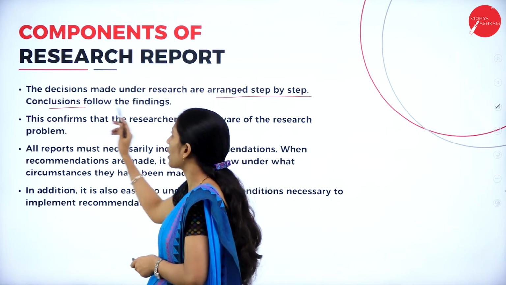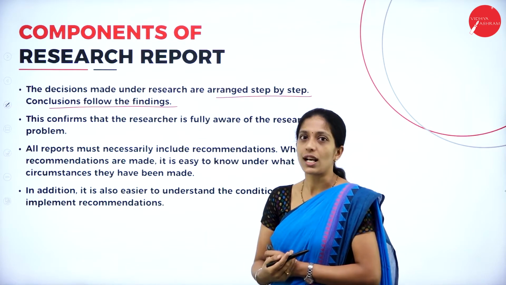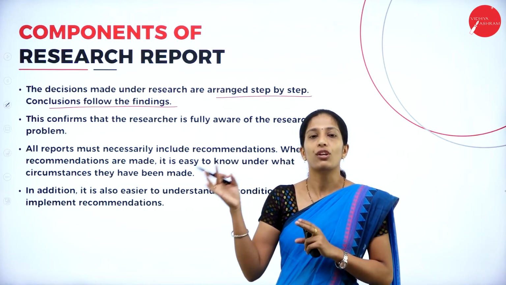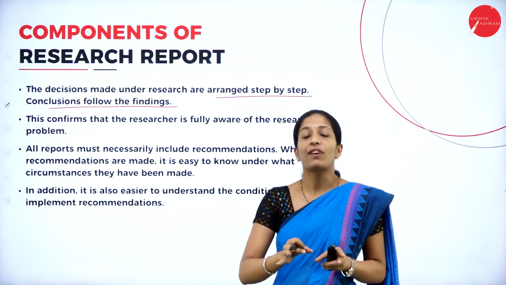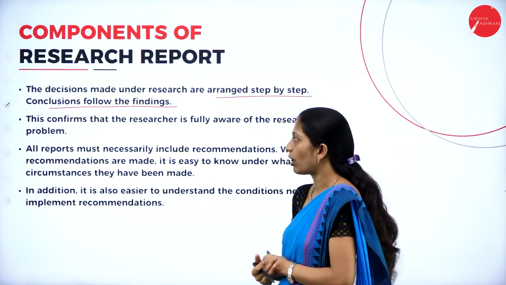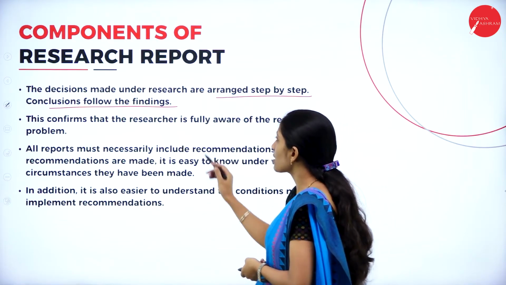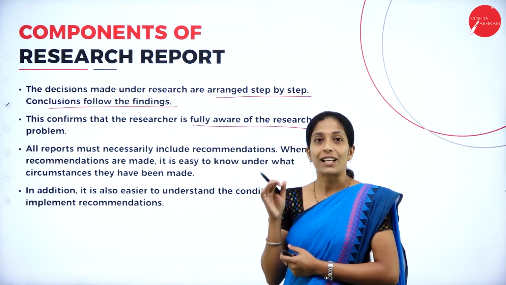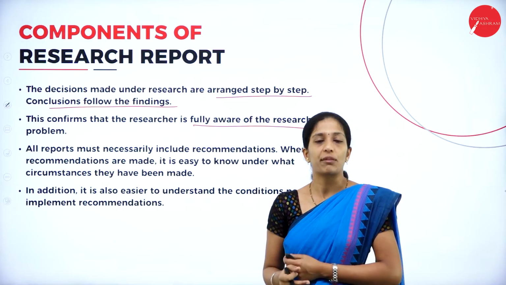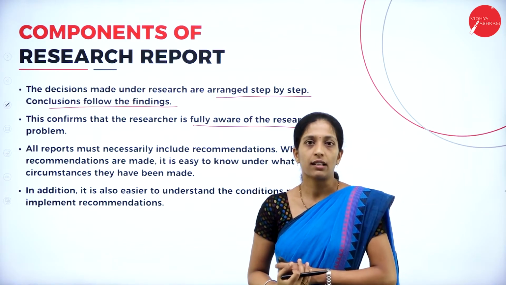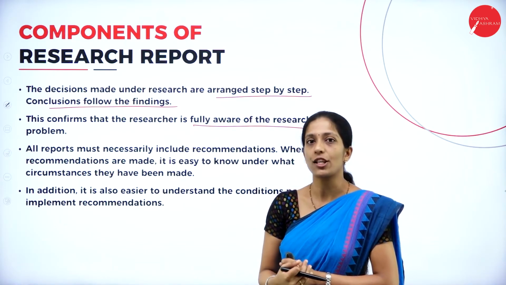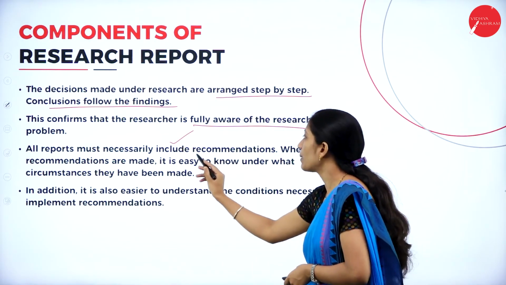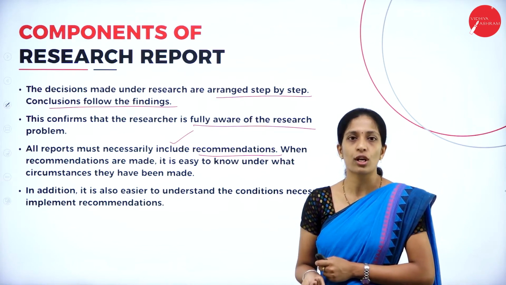Conclusion follows the findings, in the sense that after findings, conclusions will be drawn. This confirms that the researcher is fully aware of the research problem. By the conclusion itself, the user will come to know to what extent the researcher is aware of the research problem. All reports must necessarily include recommendations. Recommendations are also important.